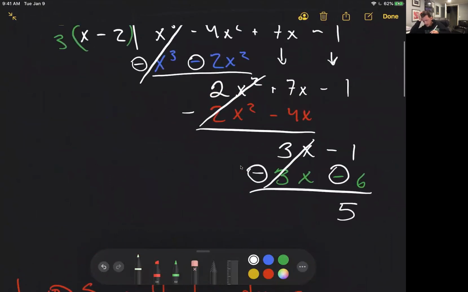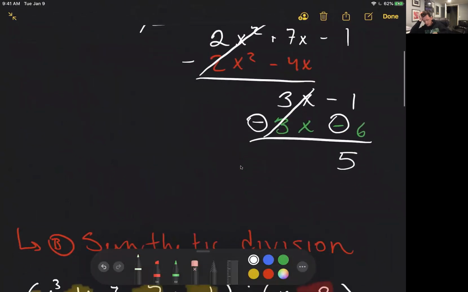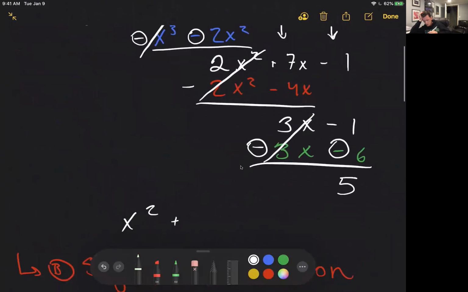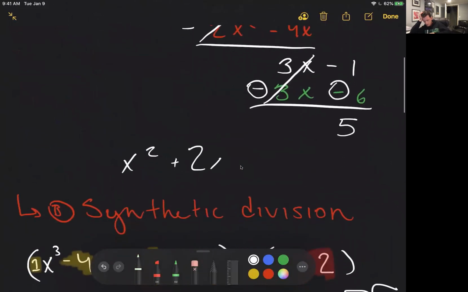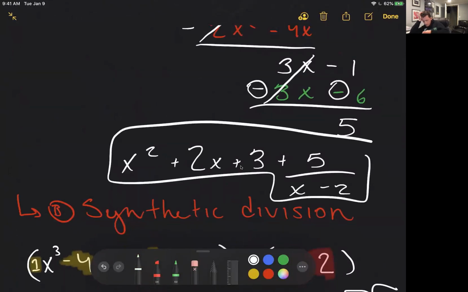That ends up giving you 5. That's your remainder. So you end up getting the same exact thing, x squared plus 2x plus 3, but then your remainder of 5 over what you were dividing by. Woohoo!